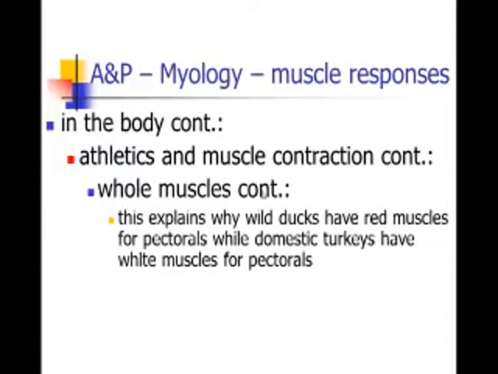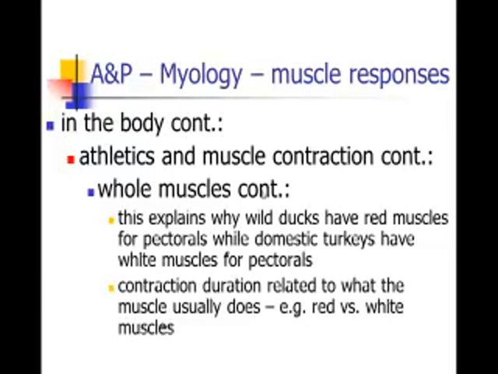Whereas if you look at the pectoral muscles of a domesticated turkey, which hardly ever flies, if ever. Wild turkeys do fly, but they don't fly a lot. They rely more on running around. But domesticated turkeys don't fly at all, pretty much. And their pectoral muscles are going to be white. And this is because their pectoral muscles have not got the myoglobin, the extensive blood supply, and they're more toward a fast twitch situation.